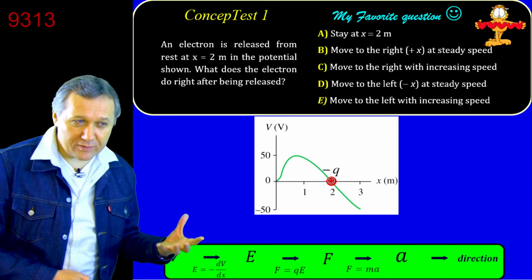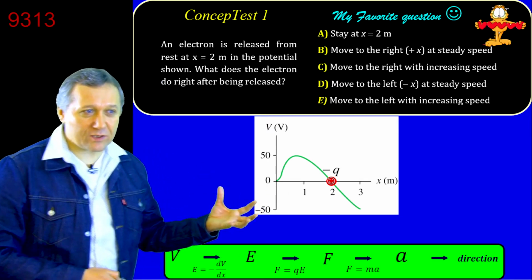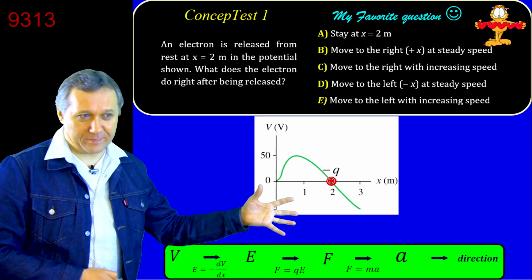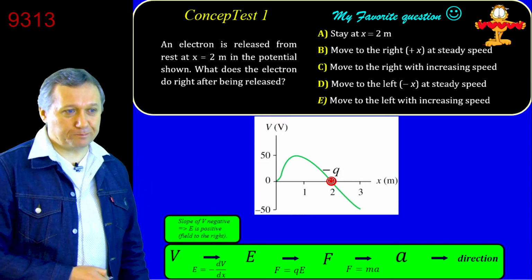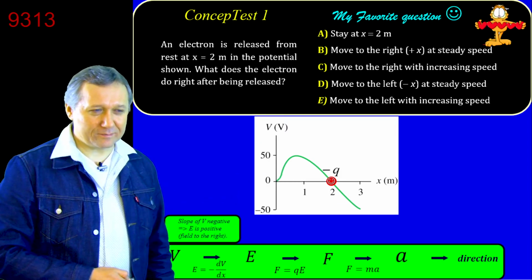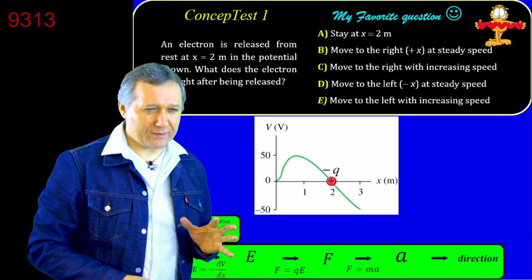What does a positive electric field mean? Electric field is a vector. A positive vector just tells us that it points in the positive x direction. So positive x direction, in this case, it points to the right.